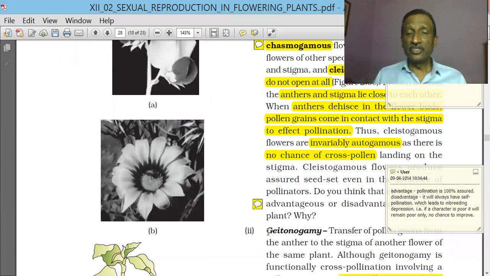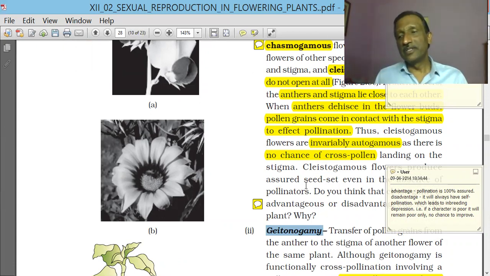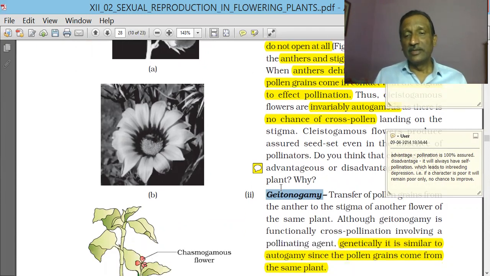Okay, the next type of pollination is called geitonogamy. Geitonogamy is that in which the pollen comes from another flower of the same plant. This is one flower, this is another flower, but they are born on the same plant. This flower's anther pollen will be transferred into this flower's stigma. Then it is called geitonogamy.